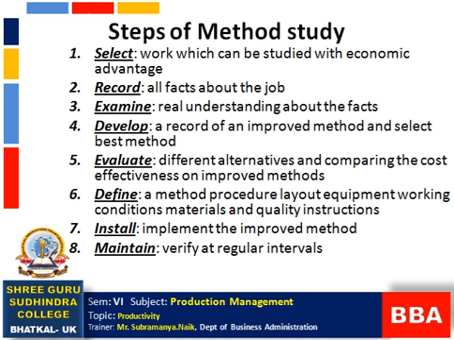Evaluate the best method which you have selected in terms of its cost as well as its effectiveness, whether it is suitable for the worker, and how it is beneficial to the organization.